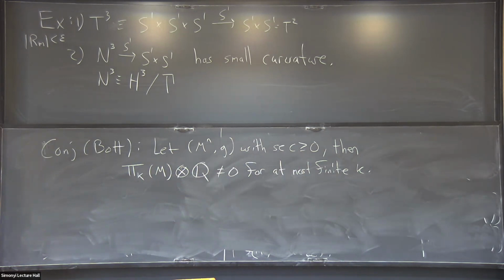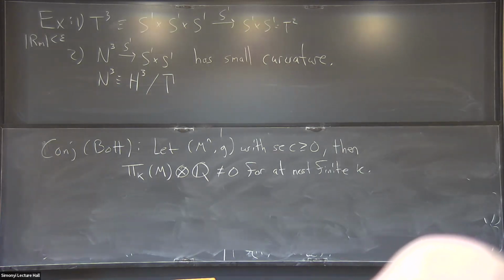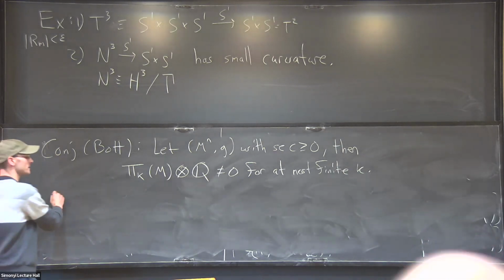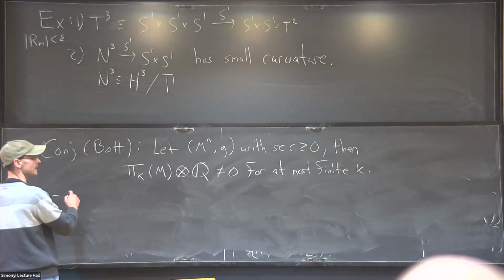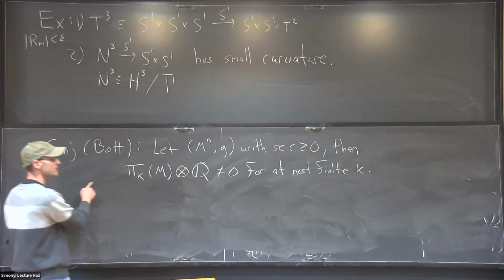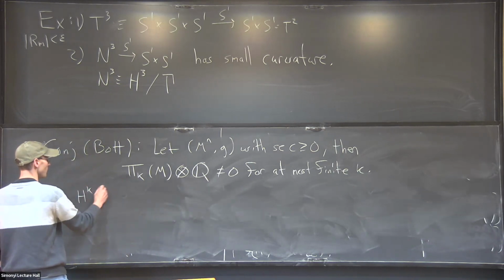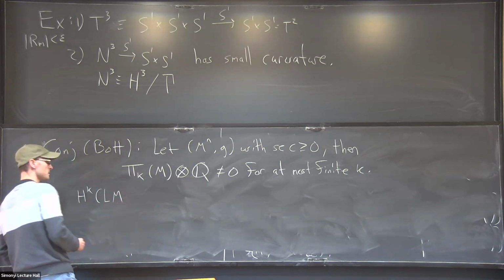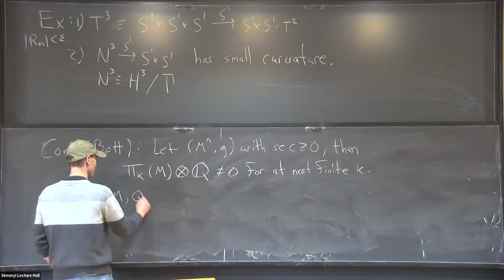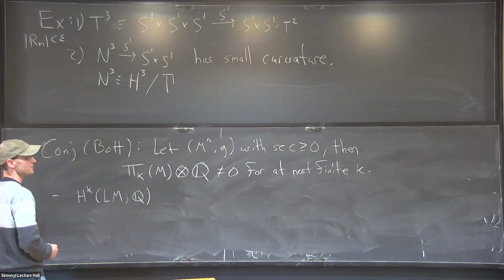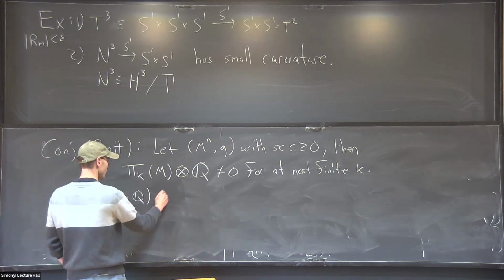Equivalently, and very nicely, this goes back to work by Dennis Sullivan, which is just outstanding, and a whole bunch of people that followed afterwards, whose names are escaping me, shamefully. This is equivalent to saying that the cohomology of the loop space grows at most polynomially. So if we look at the cohomology not of M, but of the loop space of M, then this is going to grow at most polynomially.